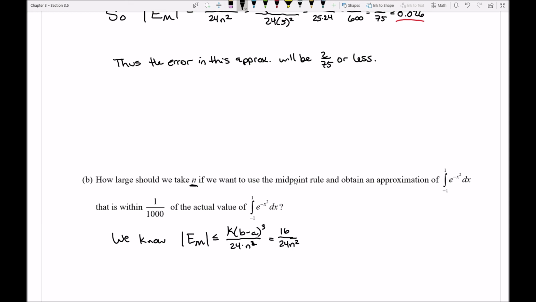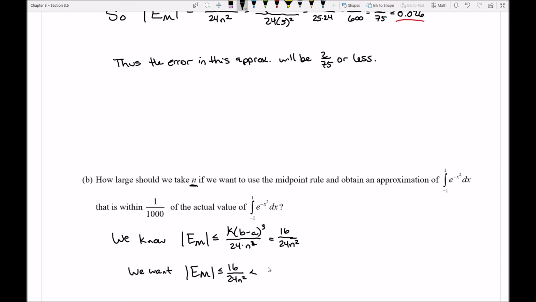Well, what I really want then is, if I know the error has to be smaller than or equal to this, if I can pick an n that can make this smaller than 1/1000th, then I can guarantee that my error is smaller than 1/1000th. So I'll state down here, we want this error, which we know is less than or equal to this amount.